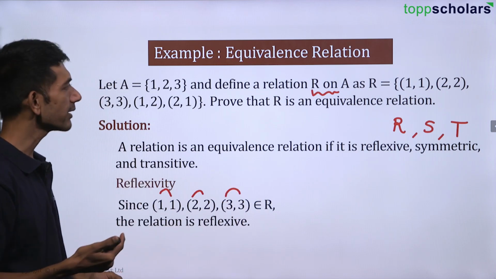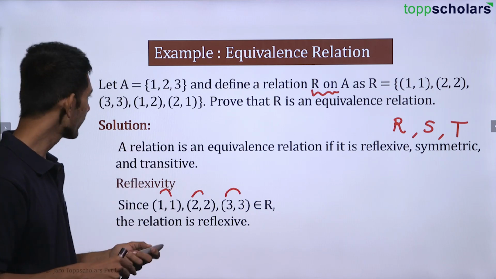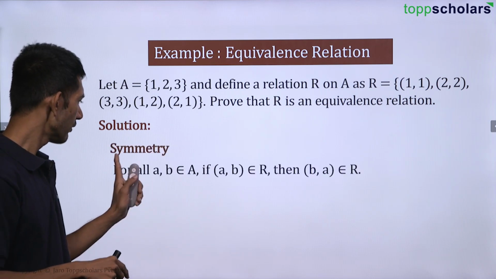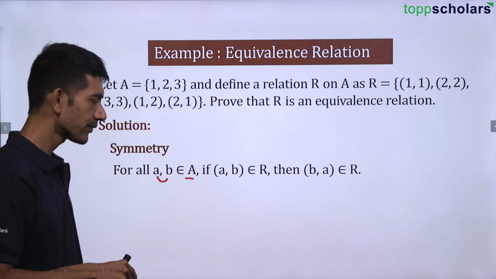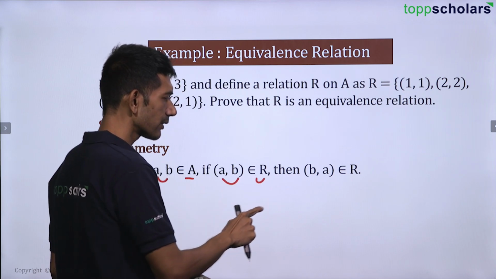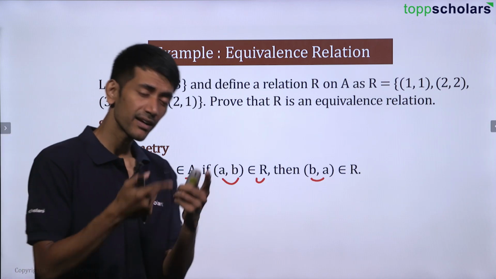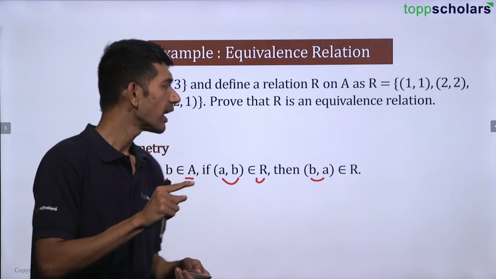Let us talk about symmetric. For symmetry what do we need? (1, 2) and (2, 1), right? So let us check that. For symmetry we check that if a and b belong to A and if (a, b) belongs to R, then (b, a) also belongs to R. So we are supposed to check whether (a, b) and (b, a), both of them belong to R or not.